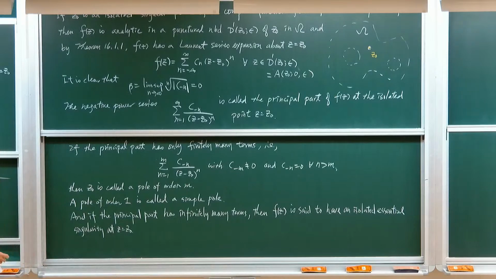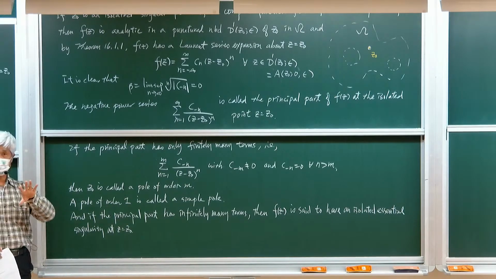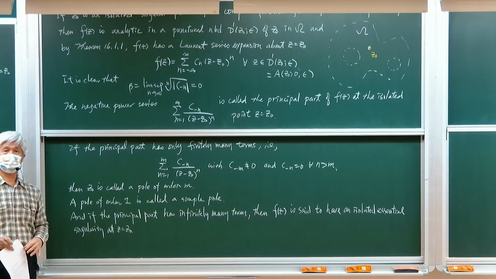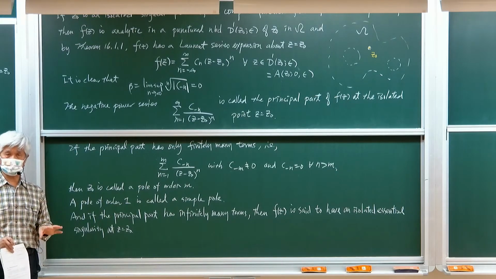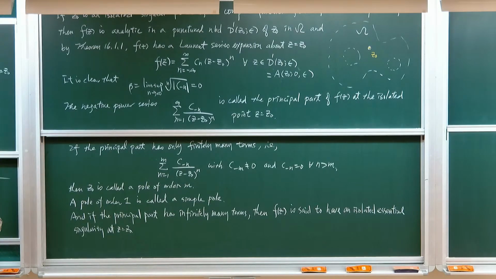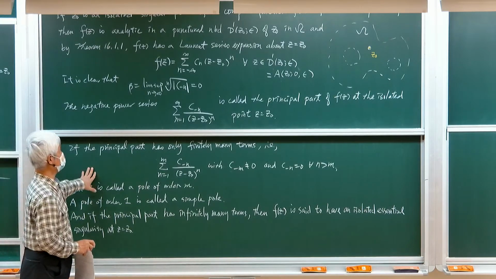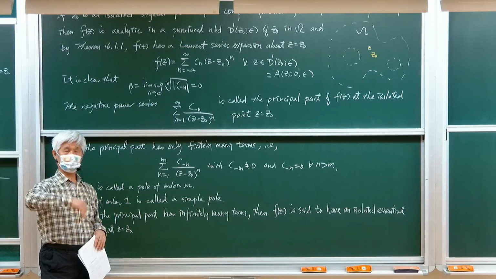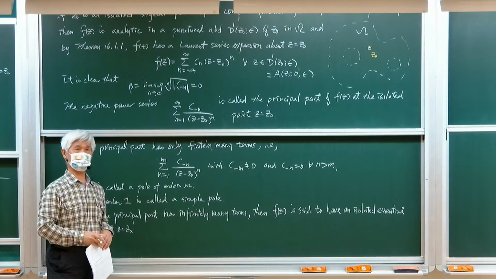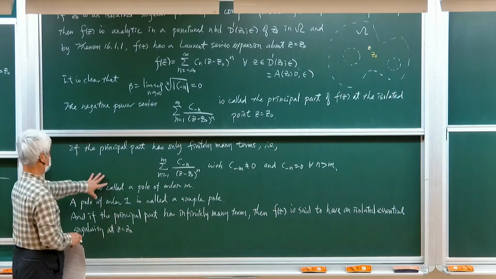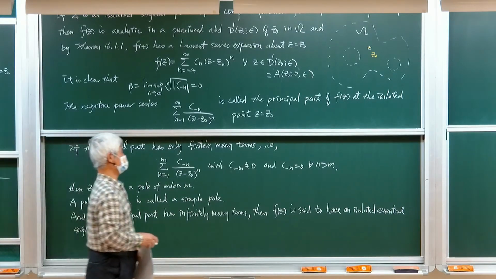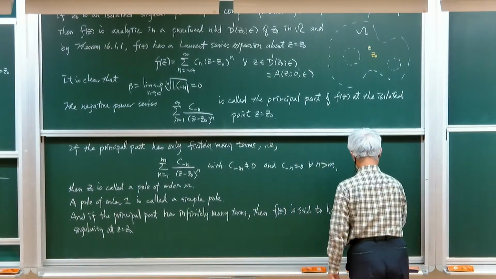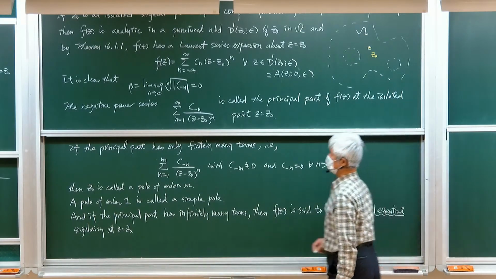So by looking at the number of terms in the principal part of an isolated singularity, we classify isolated singularities into two categories. One is poles, the other is called isolated essential singularity.